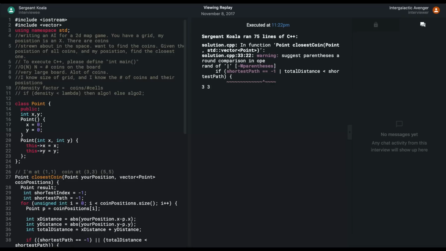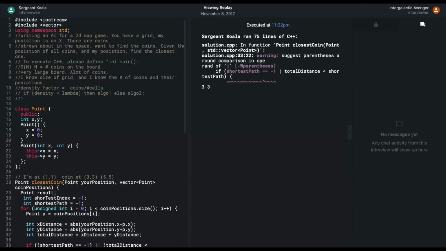My intuition is that, let's say we take two cases, one where there's 1,000 squares, and then one where there's 1,000,000 squares.